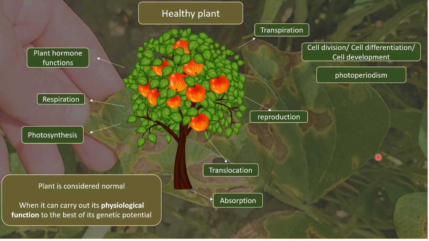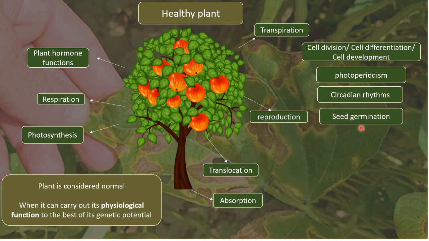Then photoperiodism and circadian rhythms, that is the timing, how the plant knows that it's time to give a flower or it's time for a leaf to come out. So these are called circadian rhythms of the plant or the tree. Seed germination, opening or closing of stomata, all of these are various kinds of physiological processes.